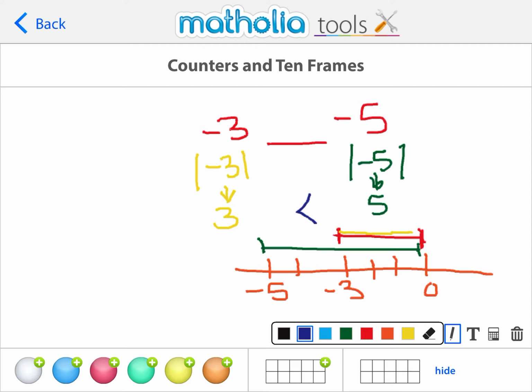So we can see -5 has a larger absolute value. It is 5 spaces away from 0 as opposed to 3 spaces away from 0, which means that -5 is actually a smaller number. It is farther away from 0, farther away from being positive.